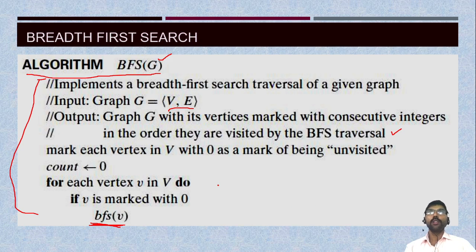Sometimes some nodes are not visited. In that case, it will pick the next node and try to visit again using the BFS algorithm. Like that, each and every node in the graph is checked for whether it is visited or not. That can be done by this algorithm, which is the same as DFS in the previous example.